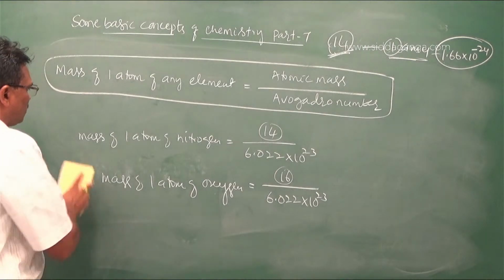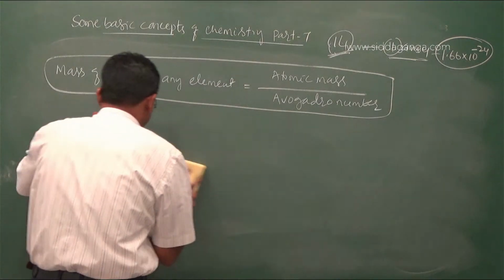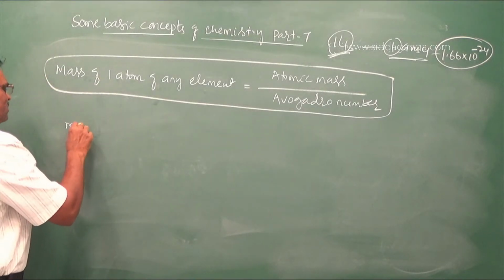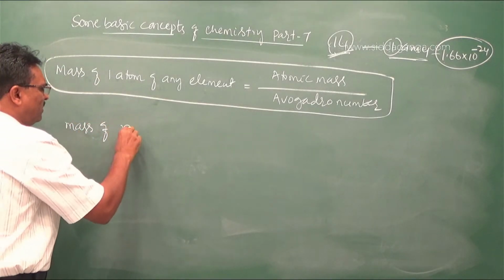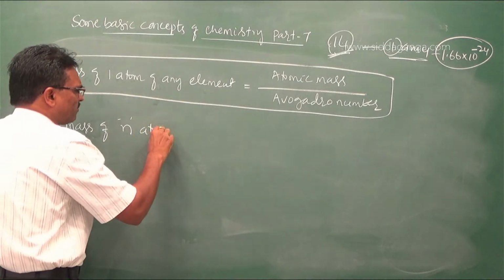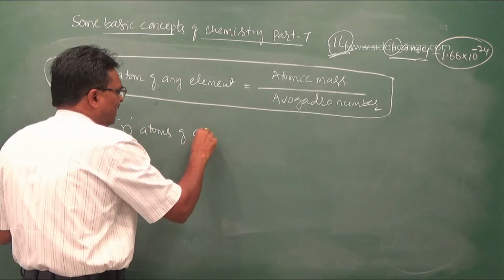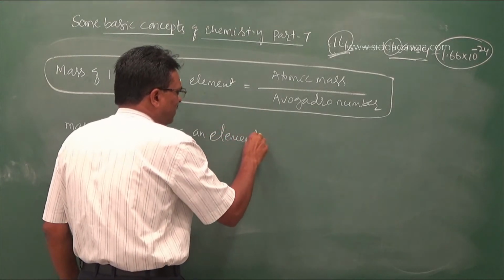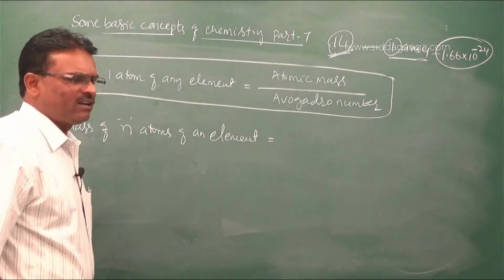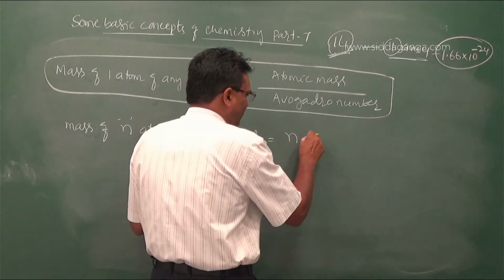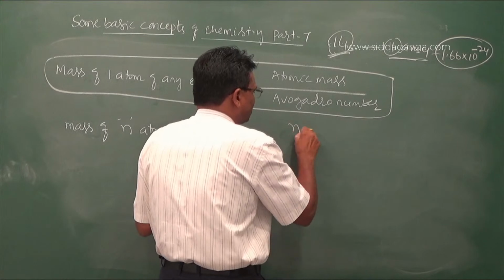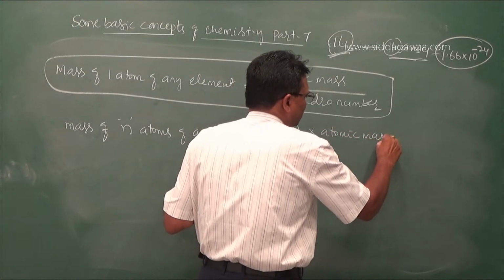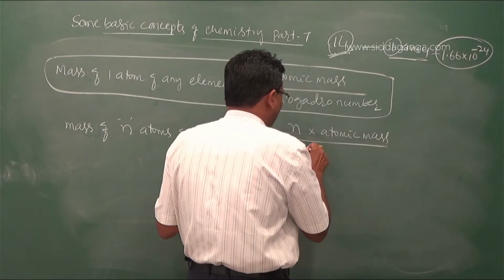Similarly, what is the mass of n atoms of an element? Mass of n atoms of an element is equal to n into atomic mass divided by Avogadro number.